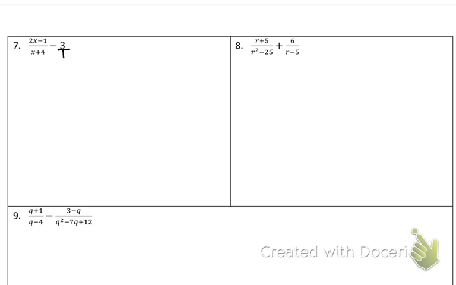So realistically, I'm just multiplying the top and bottom of this one by x plus 4. Now we're multiplying by the quantity x plus 4 over x plus 4. That's important because I need to distribute this 3 to both of those. It won't just be 3x plus 4, it'll be 3x plus 12.